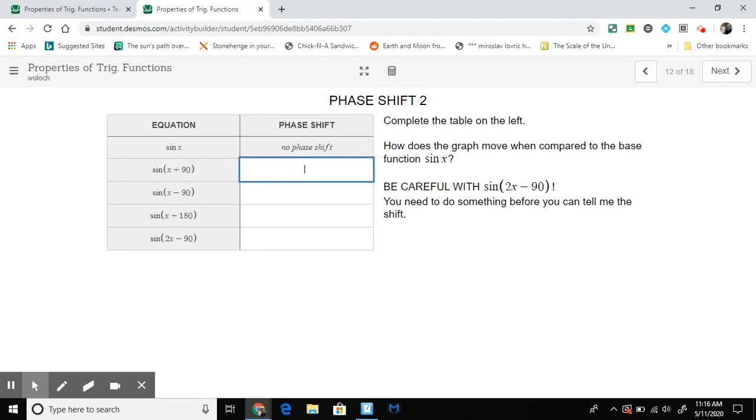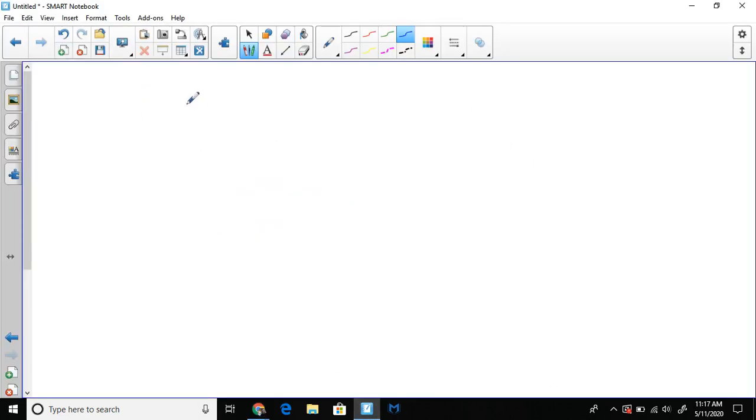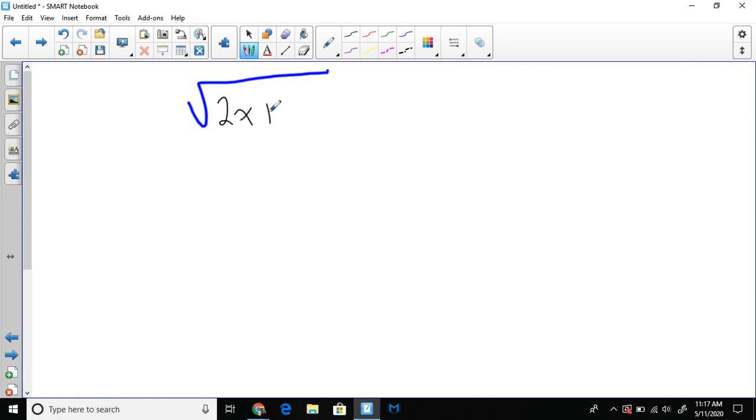So again, here, phase shift, this is going to be 90 left. This one is going to be 90 right. This one is going to be 180 left. And this one, you've got to be careful. If you remember when we graphed way back in the day, if I had something like 2x plus 16, some people would say this is going to go 16 to the left.